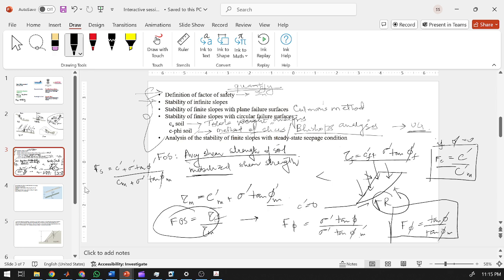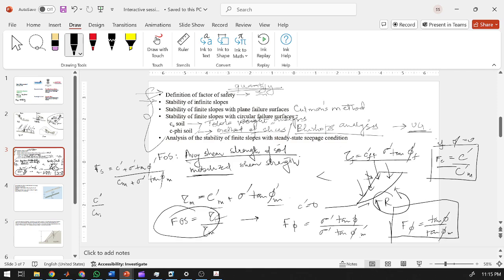So if Fc is equivalent to F phi, you can write Fc is equivalent to F phi. Okay. So this is the concept of factor of safety.